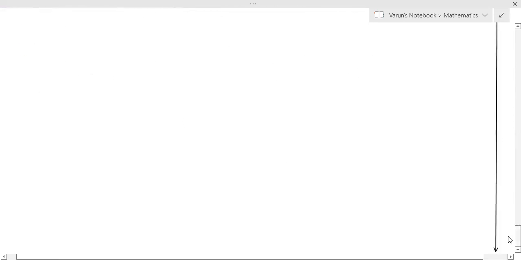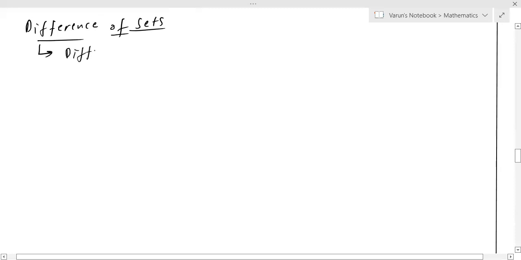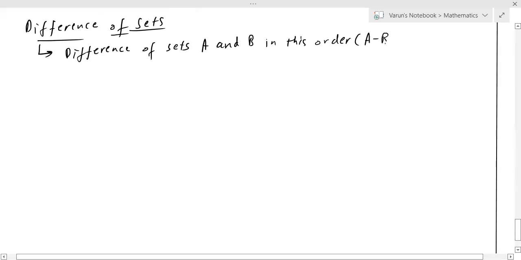Now let's look at another concept, difference of sets. Difference of sets A and B in this order, that is A minus B, because order matters in subtraction.